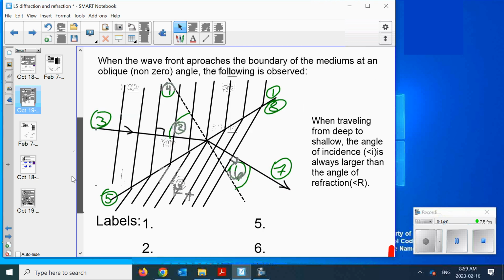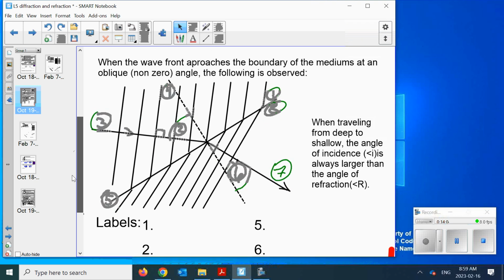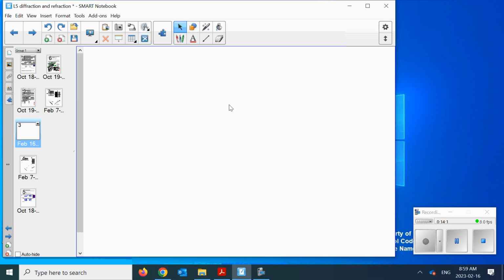So a few things before we get to this diagram. I'm going to show you something because you can use your imagination a bit to see what is happening. I'm going to draw a really rough sketch.